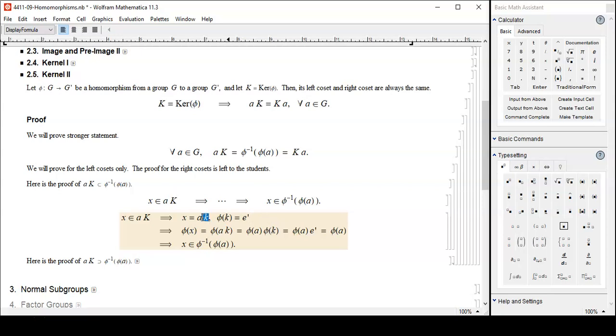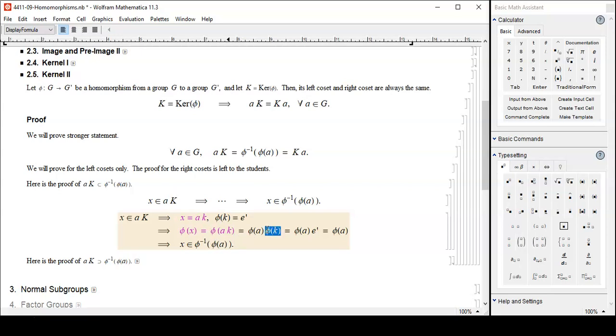So from here, apply phi to both left-hand side and right-hand side. That's what you're going to get. Left-hand side is phi of x, right-hand side is phi of ak, but then again, phi is a homomorphism, so we can decompose it as phi of a times phi of k.